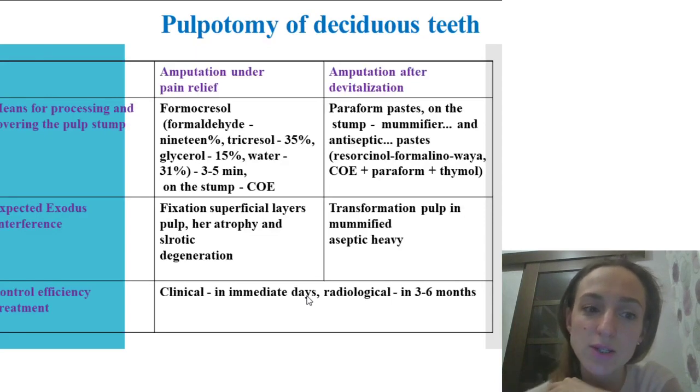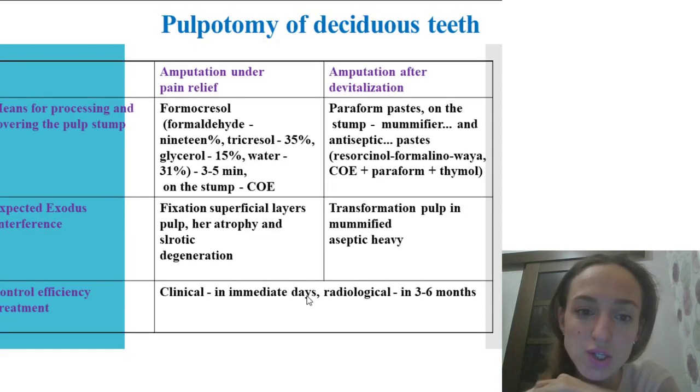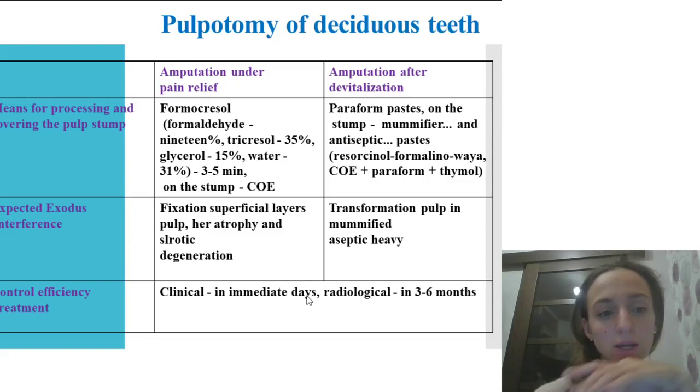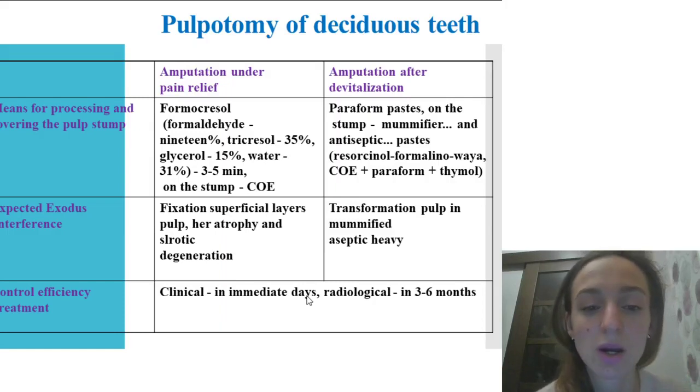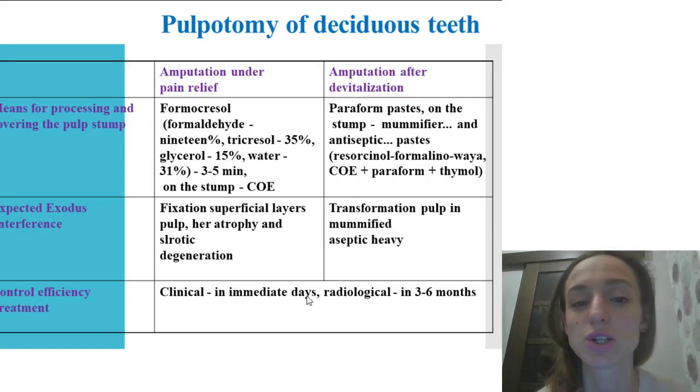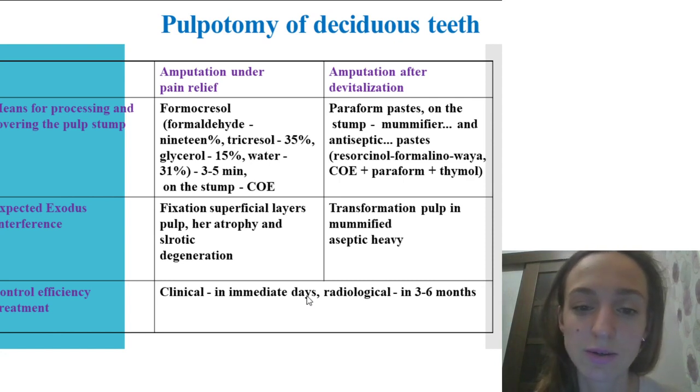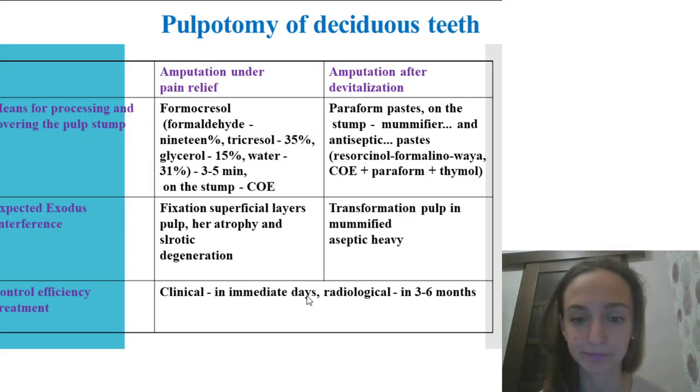Pulpotomy of deciduous teeth: amputation under pain relief and amputation after devitalization, and means for processing and covering the pulp stump. So we use for amputation under pain relief pharmacrazole, 3-5 minutes on the stump, zinc oxide eugenol.